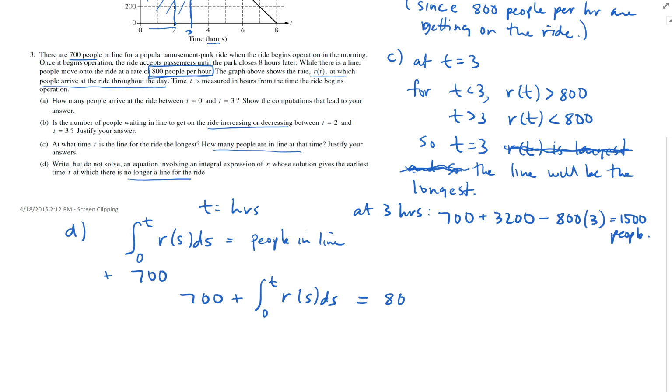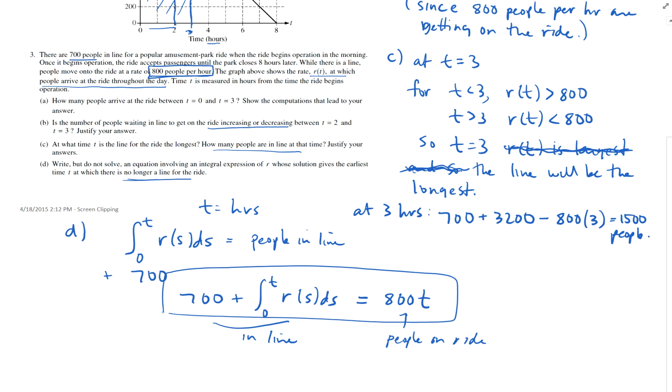Well, 800t, because 800 people times the number of hours is the number of people on the ride. This is the people in the line. And when these two numbers are equal, that means there's no line, right? So here's my equation that I would solve to figure out when there's no more line. Okay? All right, there you go.